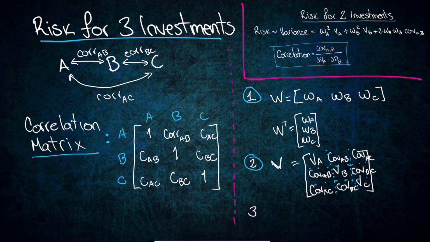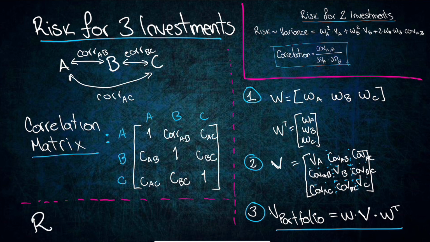Finally, the total variance of the portfolio will be determined using the following formula. The whole variance will be equal to our vector W multiplied by our matrix V multiplied by the vector in a column format of the weights, which is going to be WT.